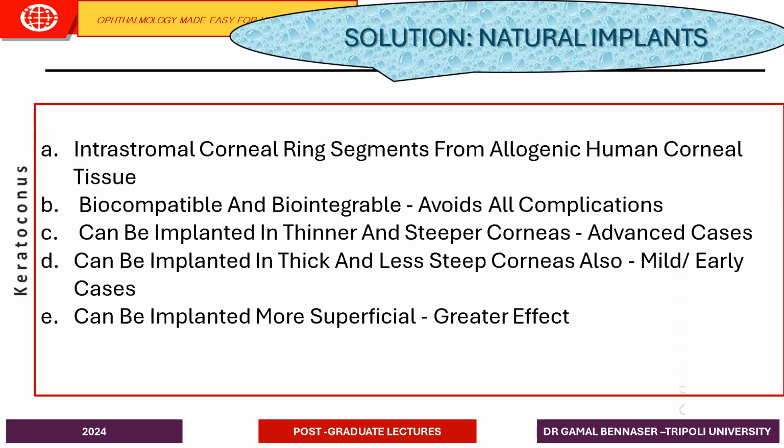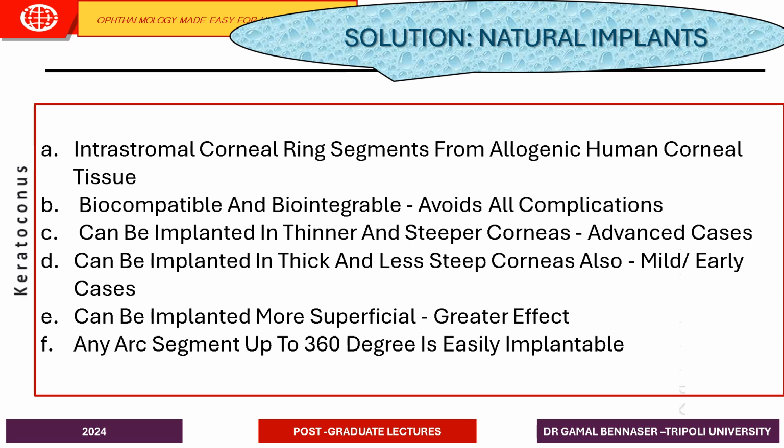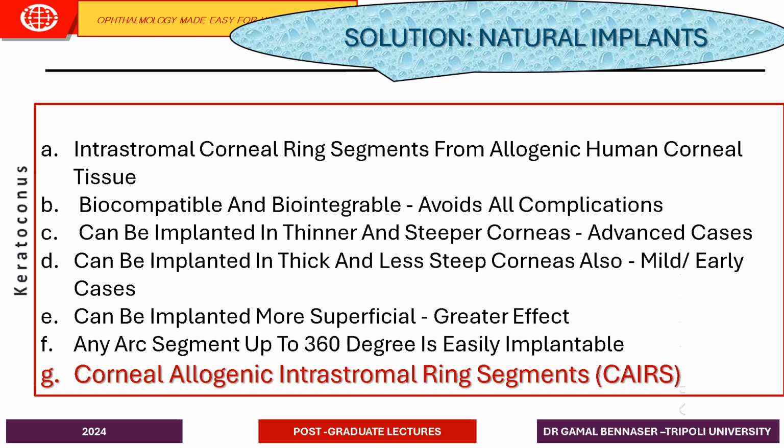Another thing is that we don't need to go very deep in the cornea. It can be implanted more superficially because the risk of extrusion as seen in synthetic implants is not there, so it will have a greater effect because it is closer to the anterior surface of the cornea, and can be implanted over 360 degrees.